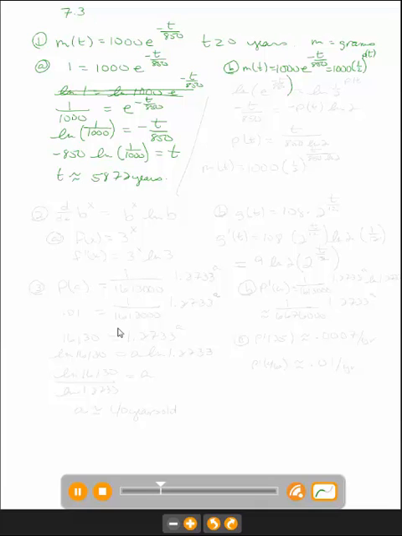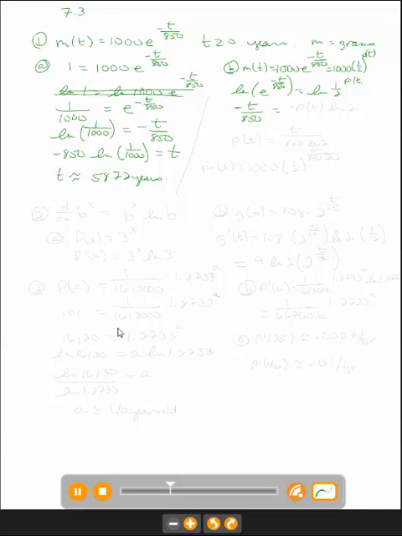So for this one, again, we're going to put a natural log through after we divide by the 1,000. So the thousands are going to cancel. We're going to put a natural log through. This is going to be e to the negative t over 850 is equal to natural log of 1/2 to the pt. The natural log and the e are going to cancel, so I get negative t over 850. Here I can pull that p of t in front.